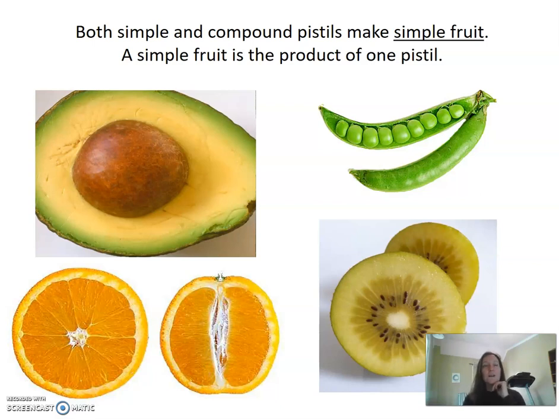We've got the avocado, which just looks like one solid mass. We have a pea with several seeds in it, kiwis with many seeds, and you can see some segmentation in there, and then the obvious segmentation in the orange fruit. But these are all considered simple fruits, and you'll see the difference soon.